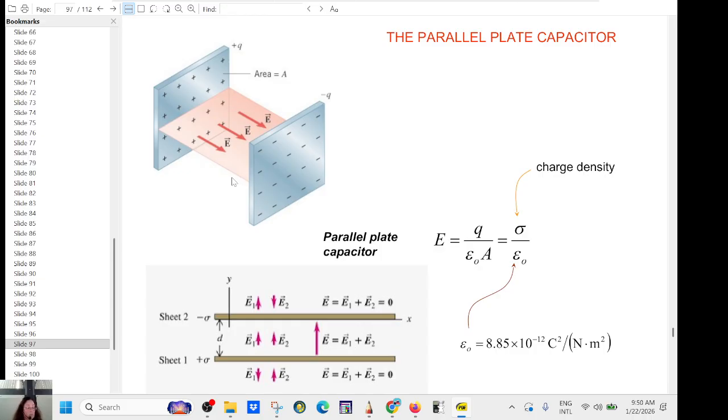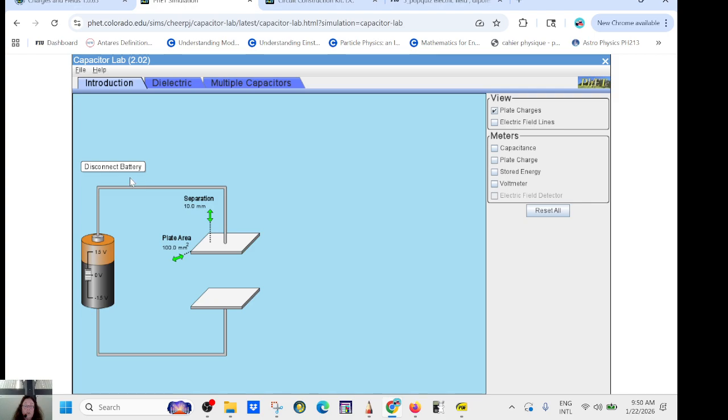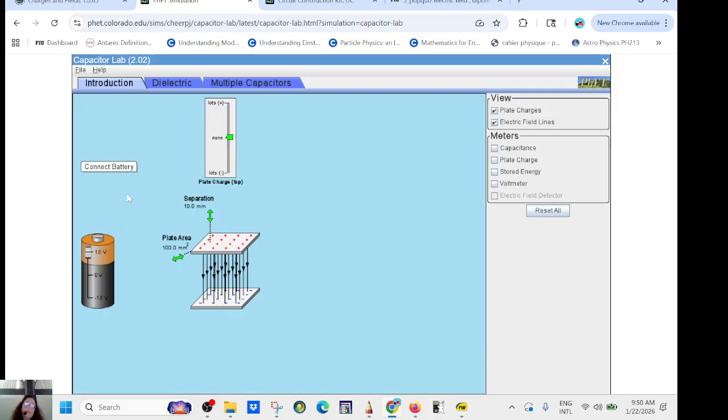So let's use what we have done just now to try to find the electric field. This is a capacitor. It can hold charges, so it's storing energy in the electric field. That energy can be burped out.